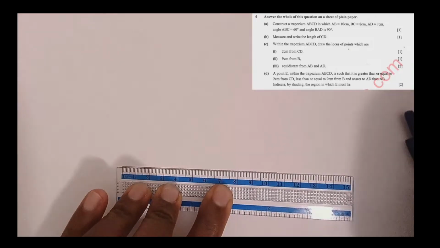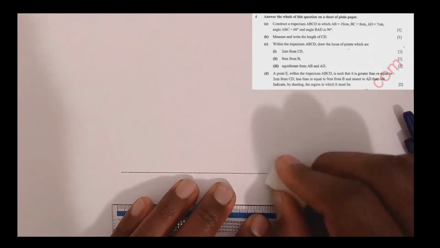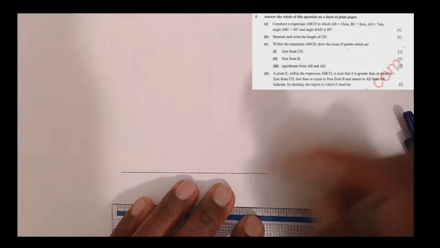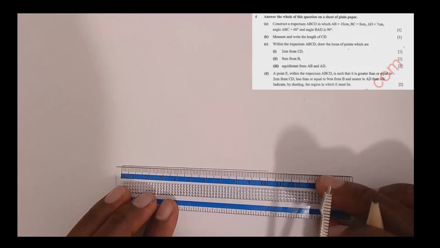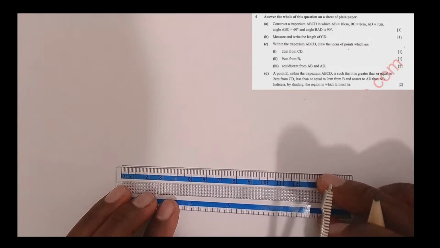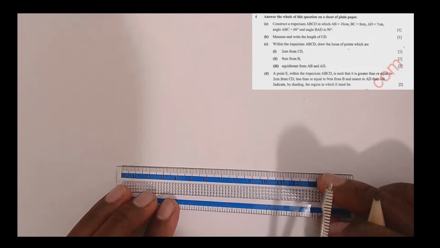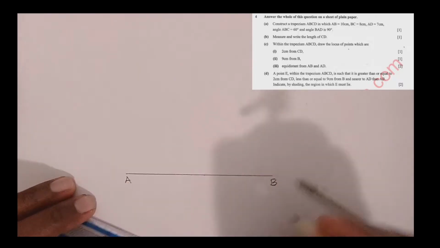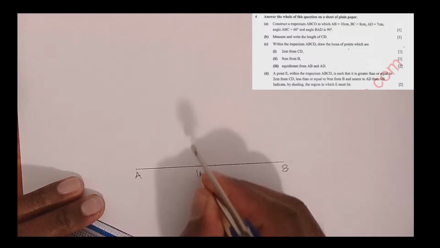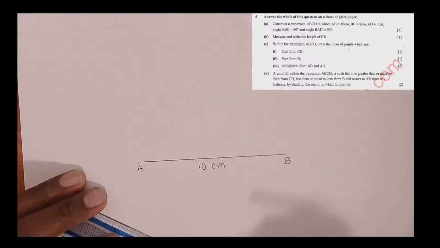Oh, it has gone beyond, so I just have to erase, right? So remember, I'd put my point here, so this is exactly 10 centimeters. Okay. So I put A, B, and label 10 centimeters.